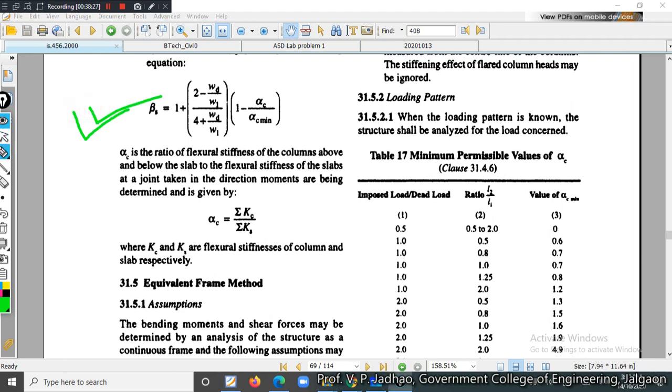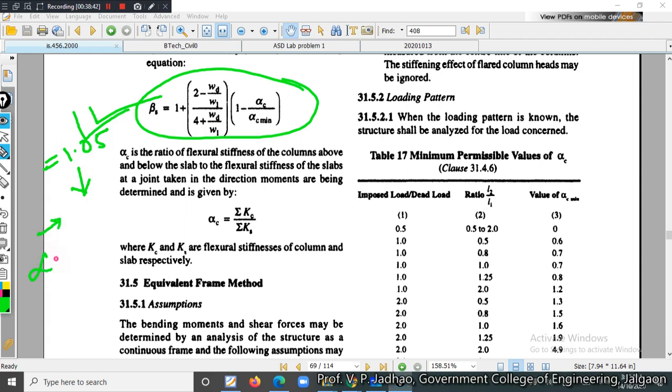By using this formula, if we get beta s as, let us consider, 1.05, then increase the bending moment along that particular direction in which alpha c is greater than alpha c minimum by 5%. Increase the positive bending moment only, not the negative bending moment.